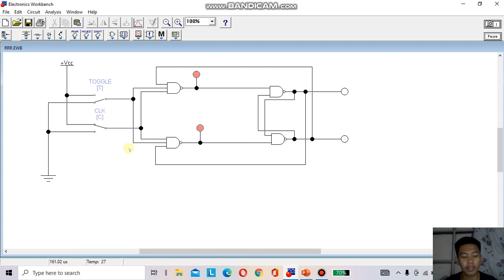If our clock is equal to 0 and our T is equal to 1, our flip-flop is latched. If our T is equal to 1 and our clock is equal to 1, our flip-flop is toggled. So this is the simulation of our T flip-flop.